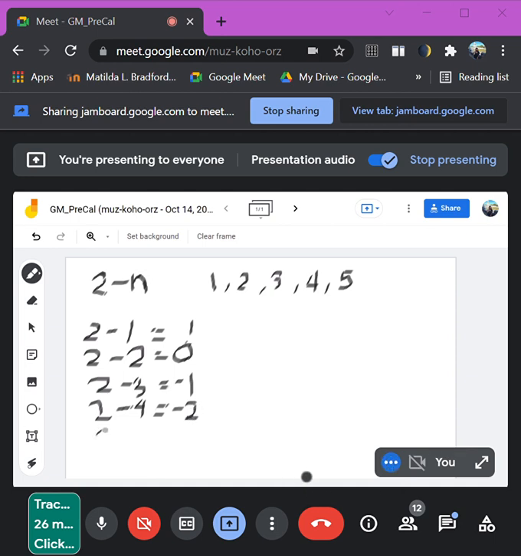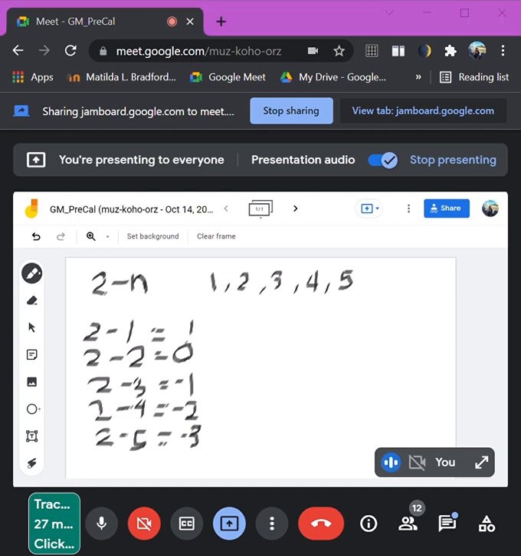And then you have there 2 minus 5, that is equivalent to negative 3. So this is your sequence, class: 1, 0, negative 1, negative 2, and negative 3.